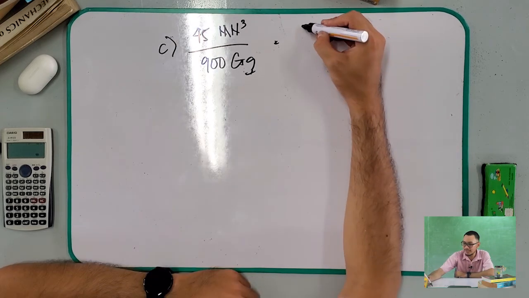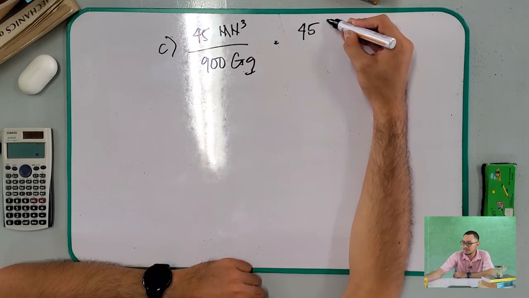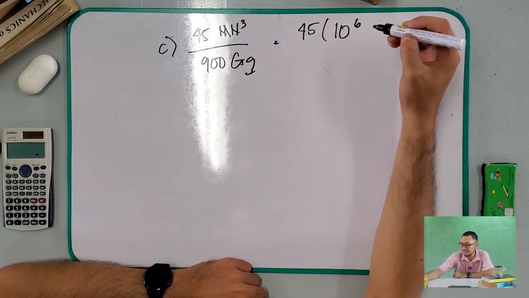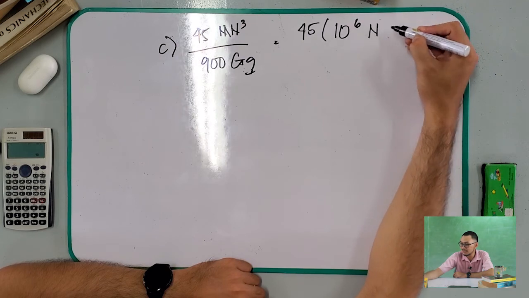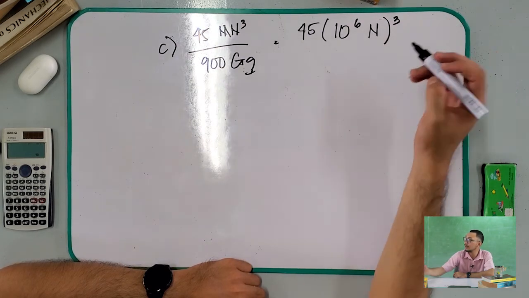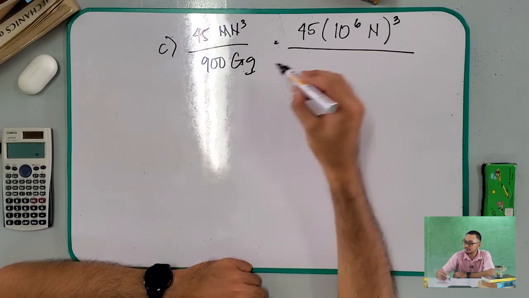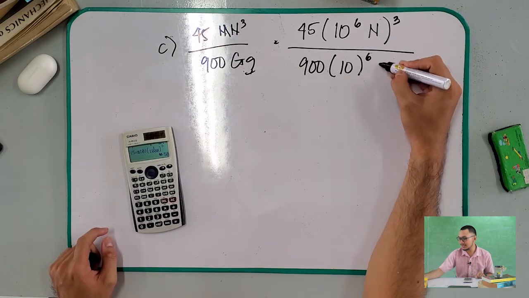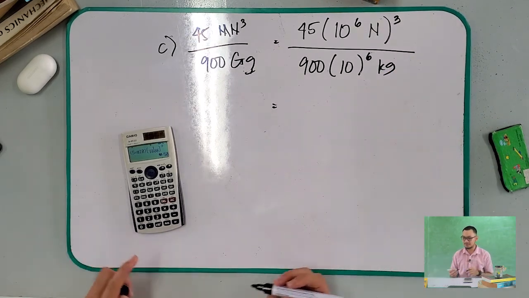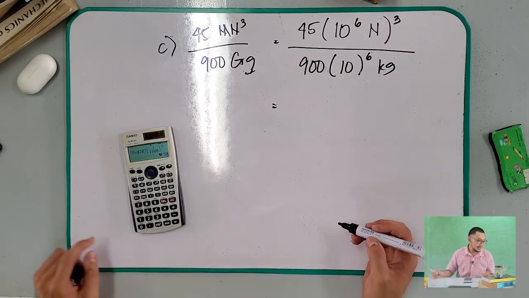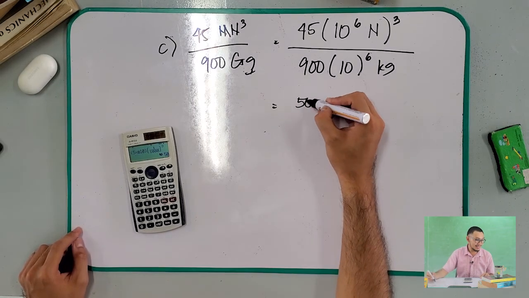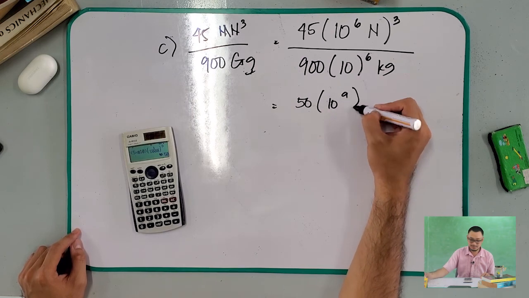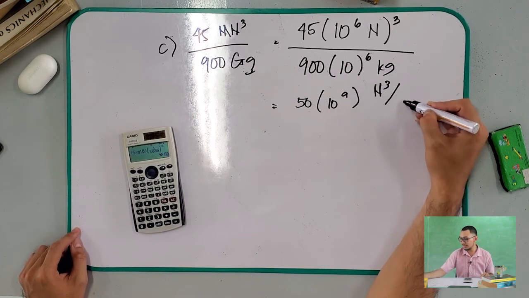So, we have 45 times 10 to the power of 6, it is mega and newtons. And then, we bring out the cube over 900 gigagram, which is 900 times 10 to the 6 kilogram. Okay, so you have there, the answer is 50 times 10 to the power of 9 newton cube per kilogram.